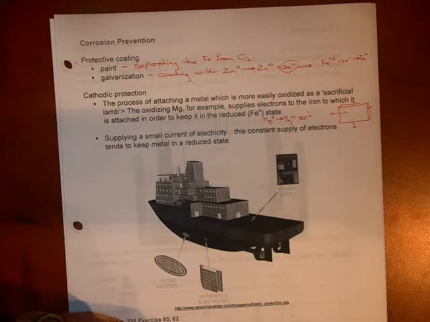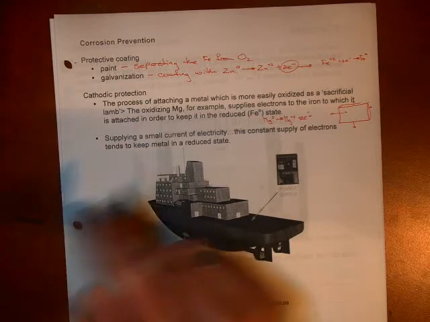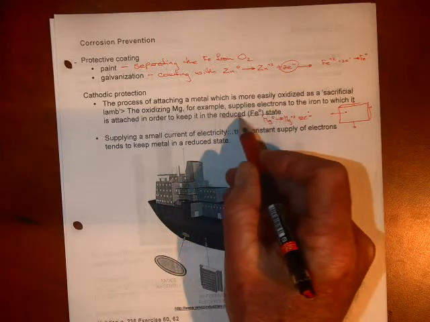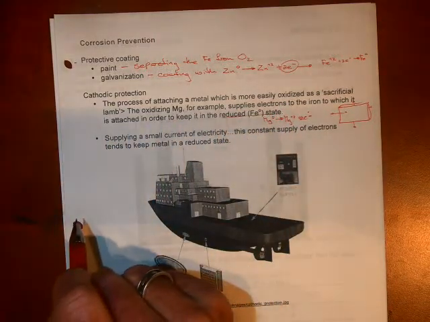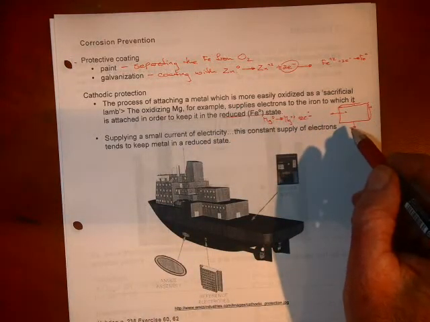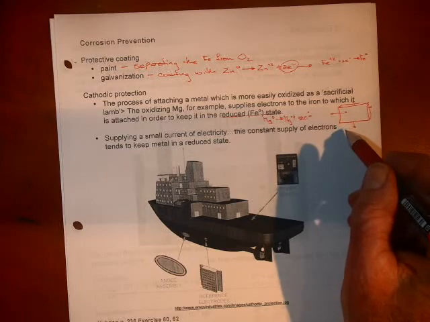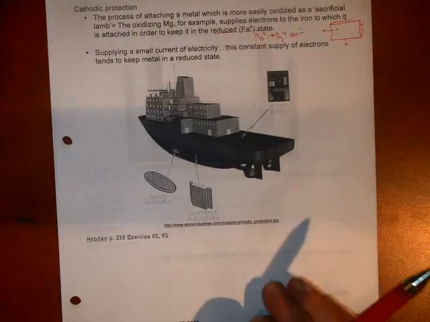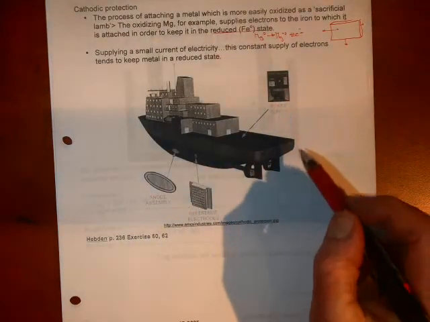And it's these electrons that do the same thing. They try to keep the iron in its reduced state. Now there's that way, but this only works well for small motors and such. If you're talking about a larger ship like this, then you've got a problem.